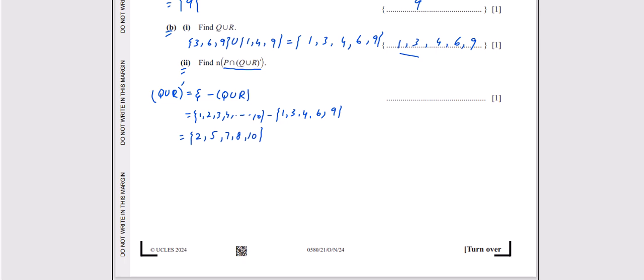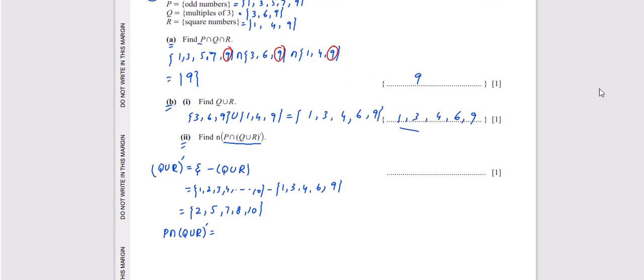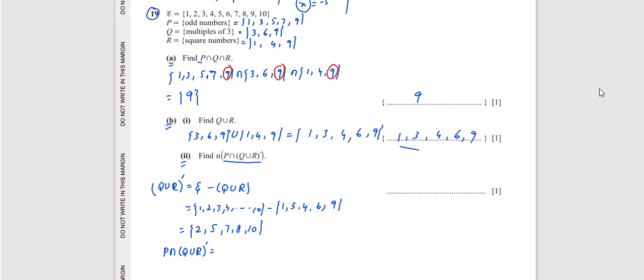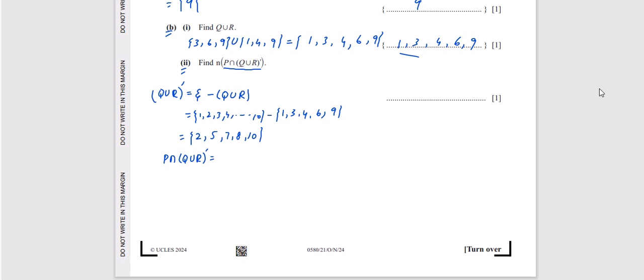This is a complement. Now take intersection with P. So P intersection (Q union R) complement. The set of P is the odd numbers: 1, 3, 5, 7 and 9.